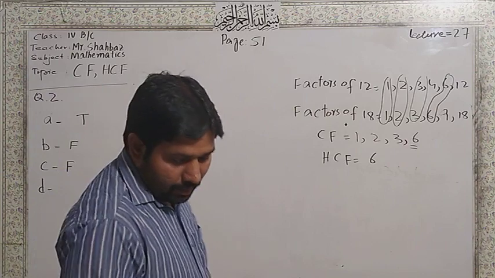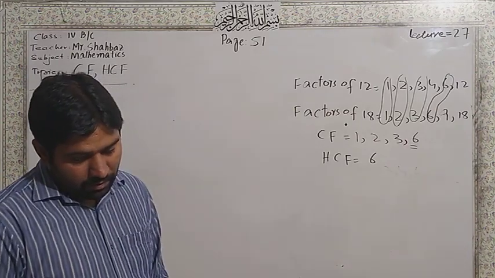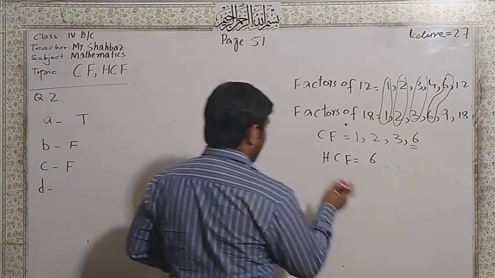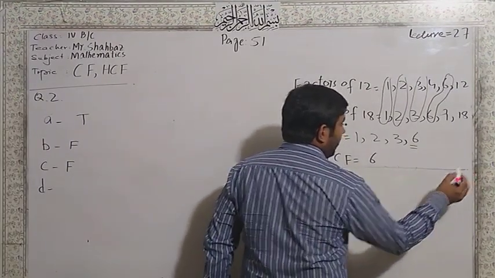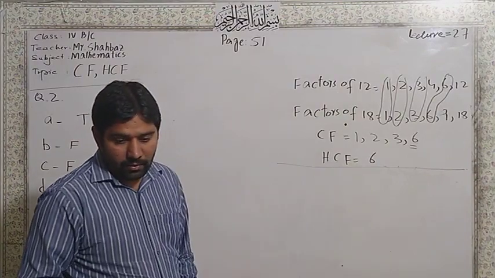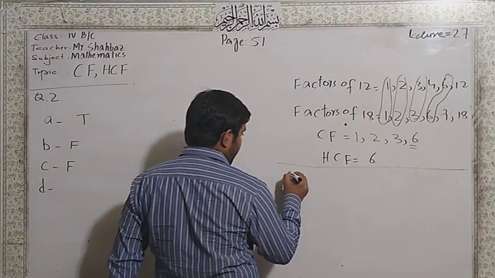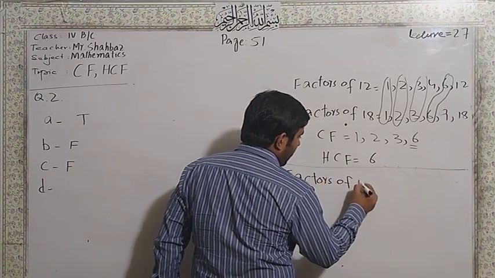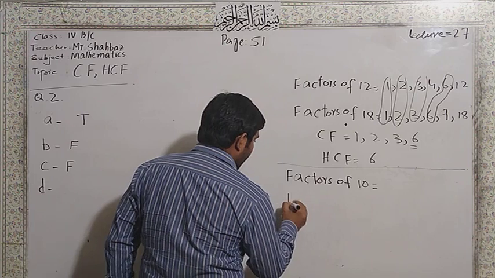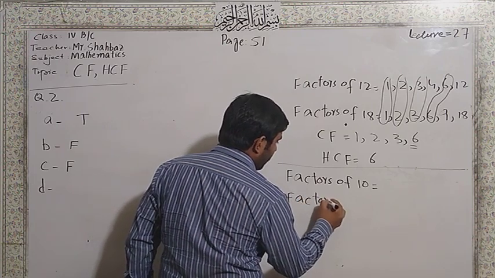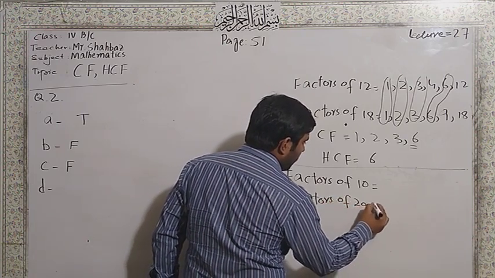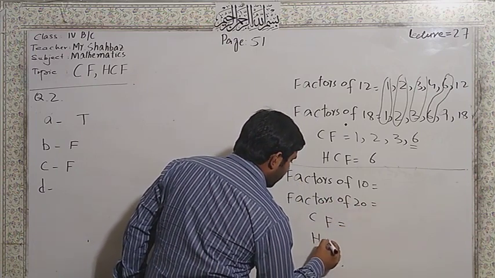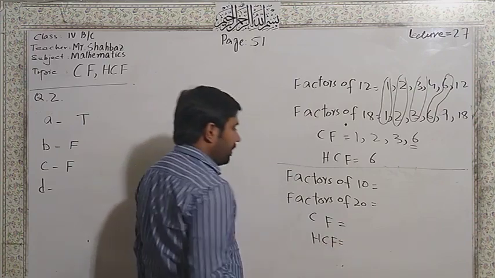D. The highest common factor of 10 and 20 is 10. So we will check here. Factors of 10 and then factors of 20, then common factors and then the highest common factor.